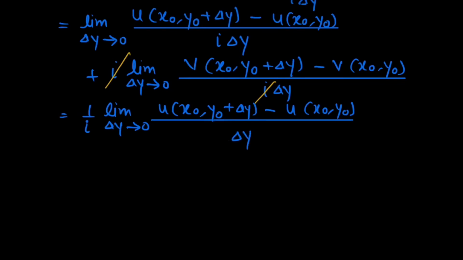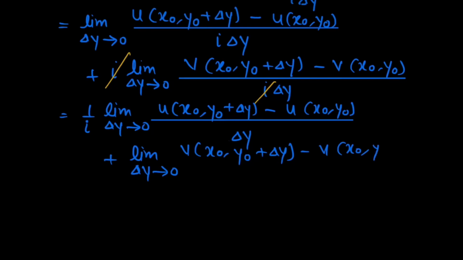Okay, and the v term is limit delta y tending towards 0, so we have v of x naught comma y naught plus delta y minus v of x naught comma y naught, and in the denominator we have delta y.